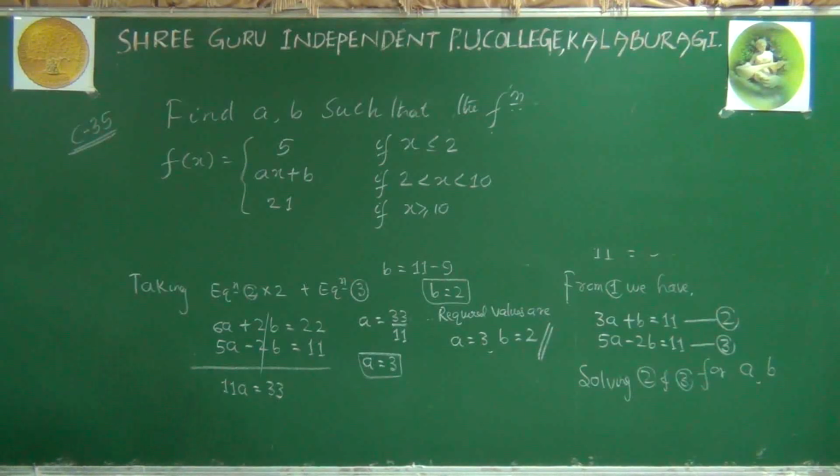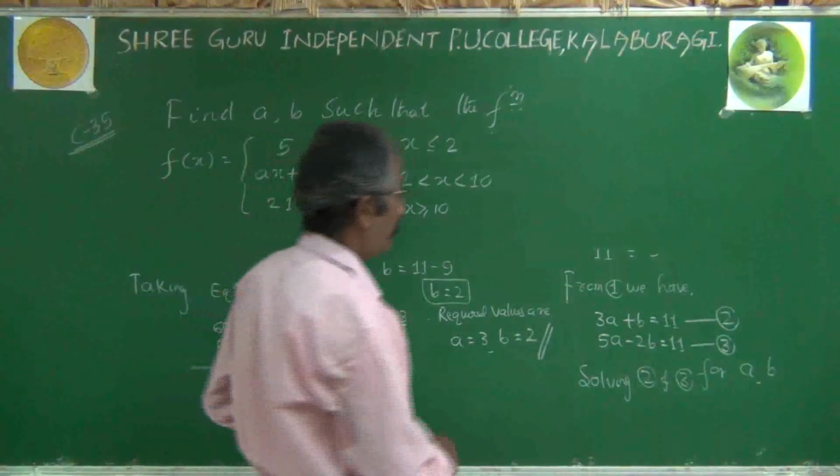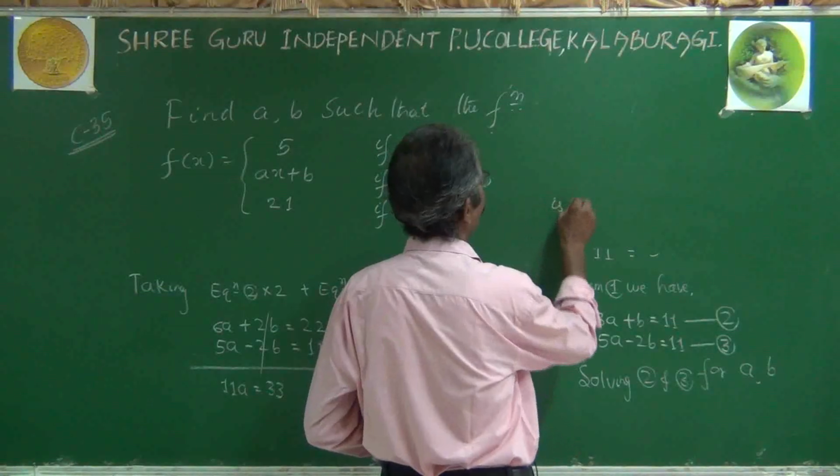Find a and b such that this function is continuous.